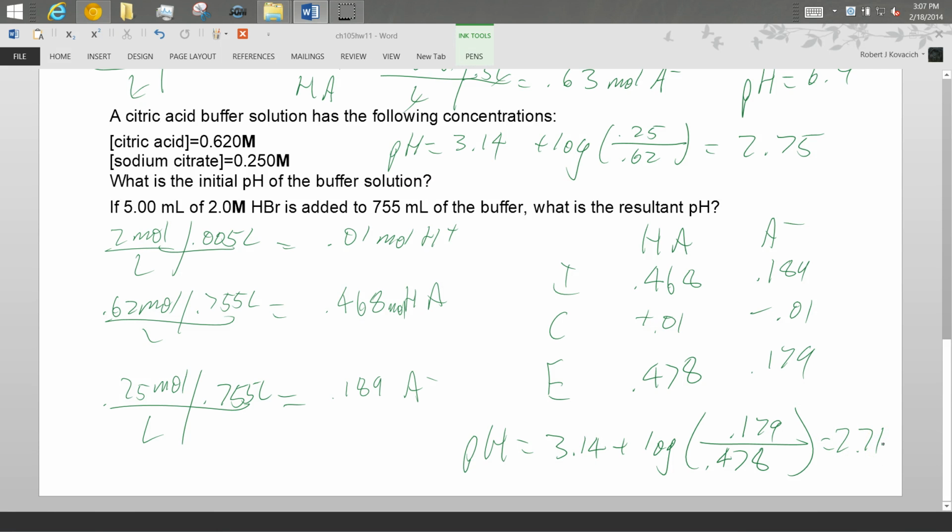So did we get a very big change in pH? Did this orange go bad? No. Do you imagine that the pH of an orange is probably somewhere around a little less than 3?